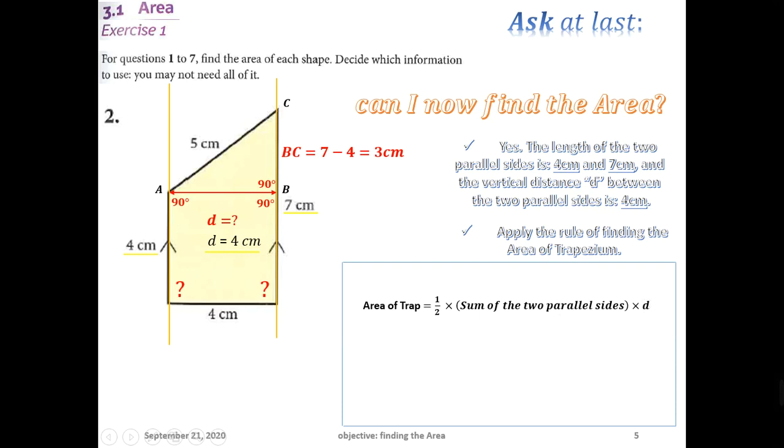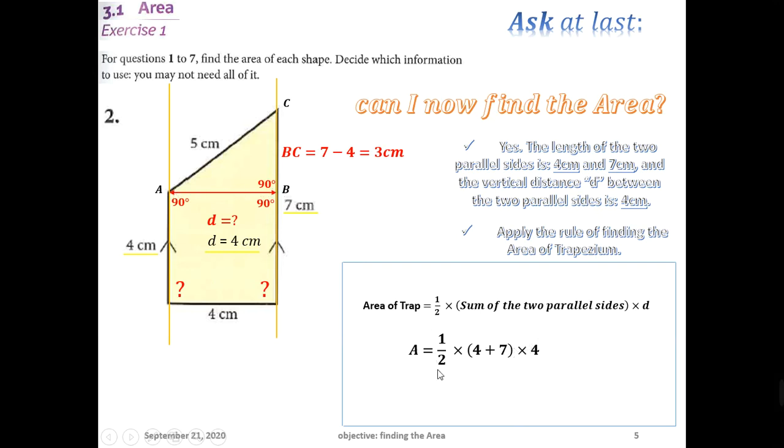Let's now substitute in this rule. 1 over 2 times, inside the bracket, the two parallel sides are 4 and 7. So 4 plus 7, the sum, the addition of the two parallel sides, times the distance between the two parallel sides is 4 times 4.